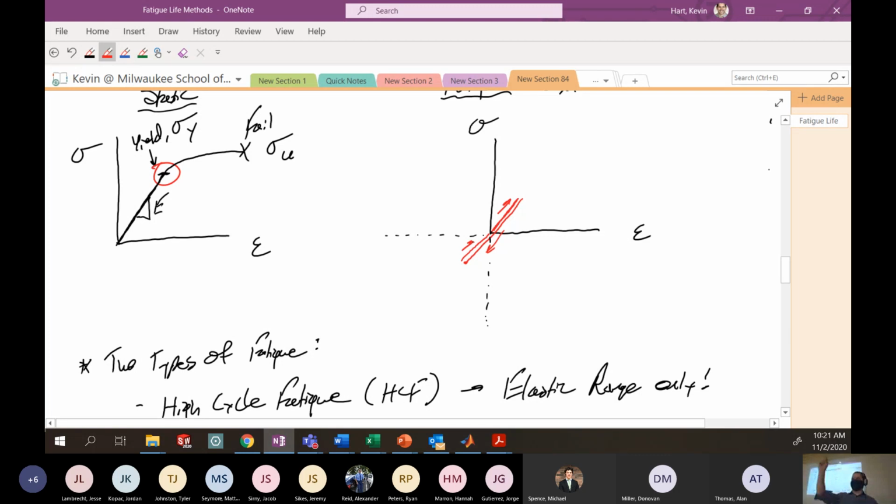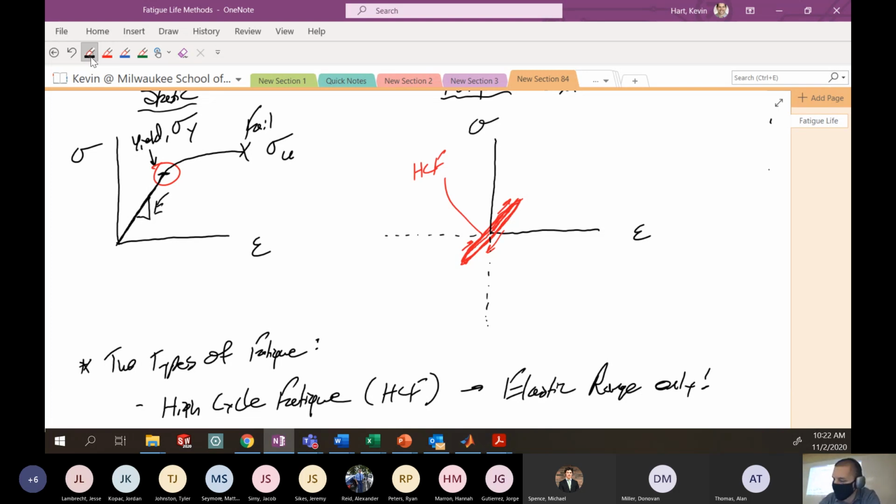I'm constantly going up and down, back and forth, only in this elastic range. So this is high cycle fatigue. It's kind of going through this sinusoid that just sort of looks like this, around this sort of trajectory. Imagine it's all supposed to be on top of each other. It's hard to draw that.